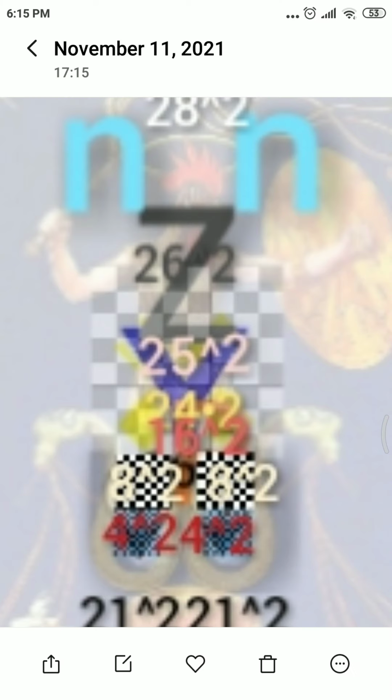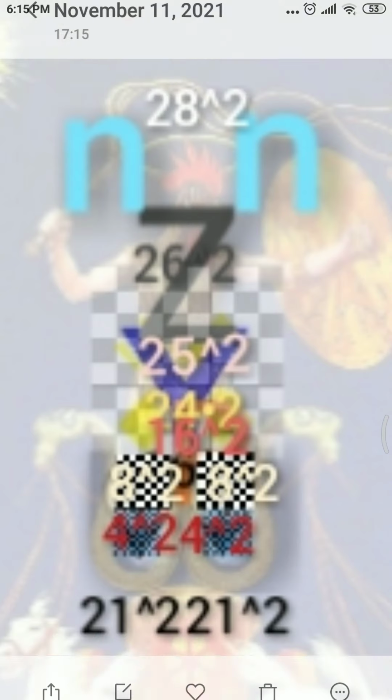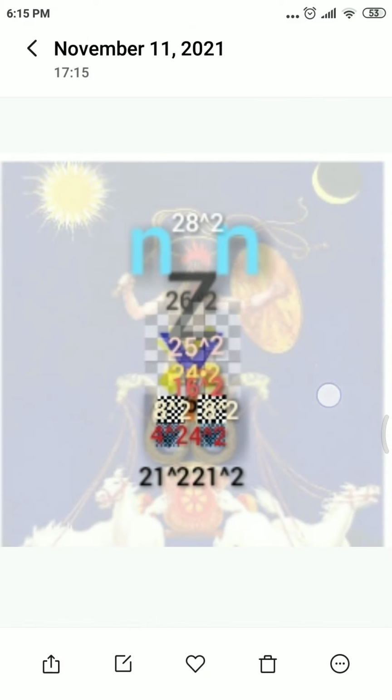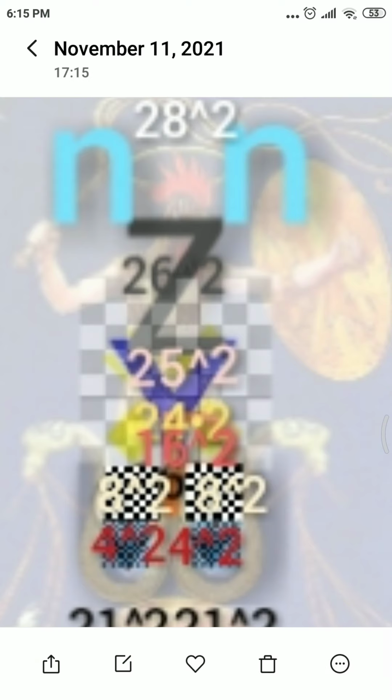When I say realms, you may get confused with the lokas. These are not lokas. This is at a higher level, let's say dimensions. This 24 squared is nothing but the 5, 6, 7 combination, 576. So 7 is in the middle, with 5 and 6 on either side.